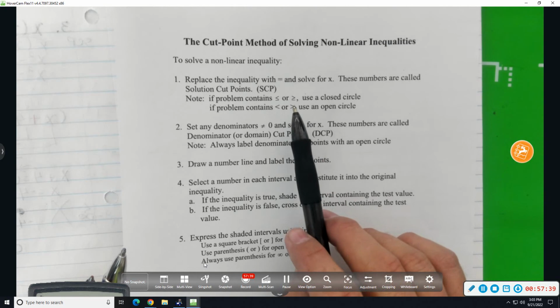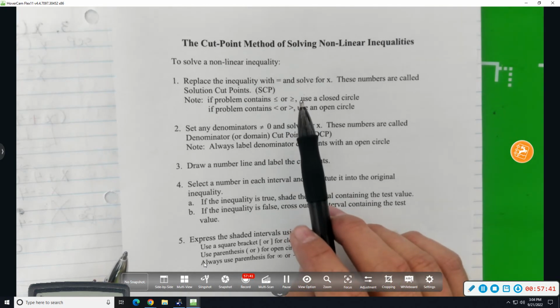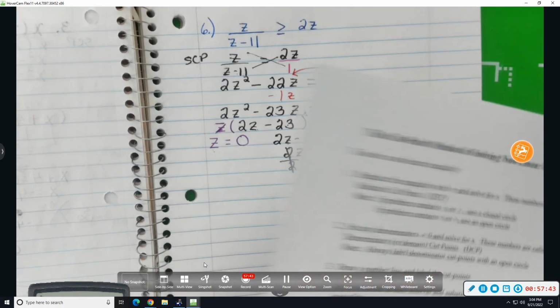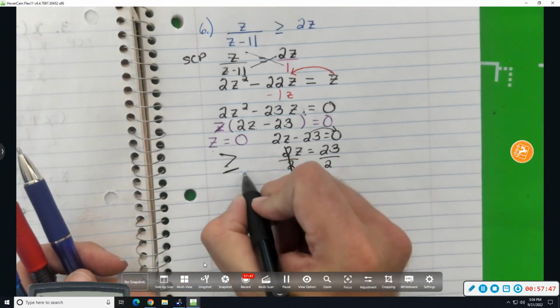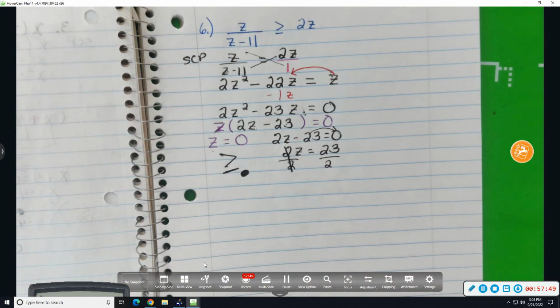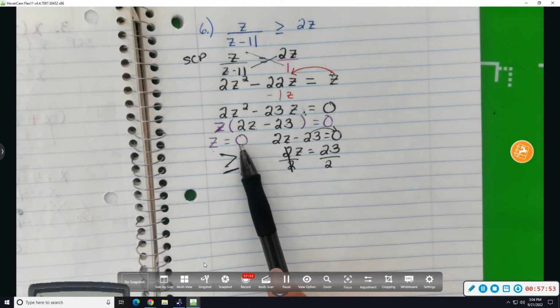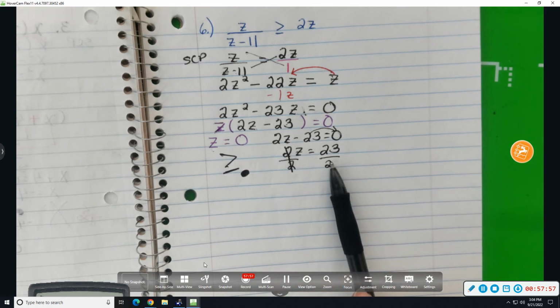So what symbol are we going to use? Open or closed? Closed, because there's an equal sign. So let me make a note. There's an equal sign on it, so we're going to use a closed circle for both of them. So far we've found 2 cut points, 0 and 23 over 2.